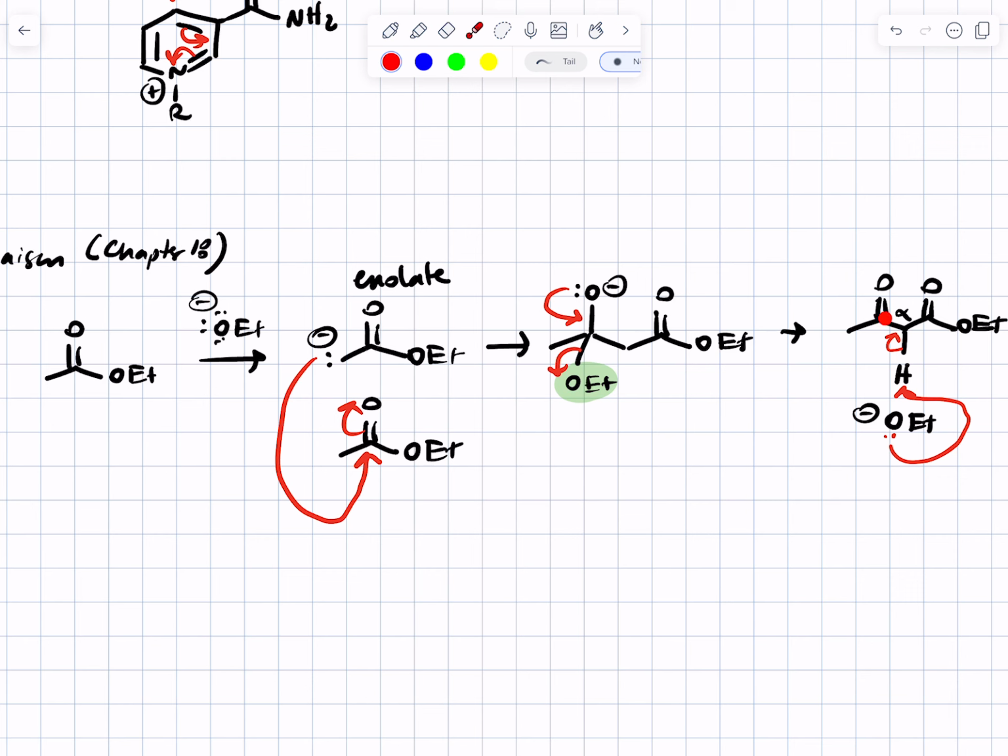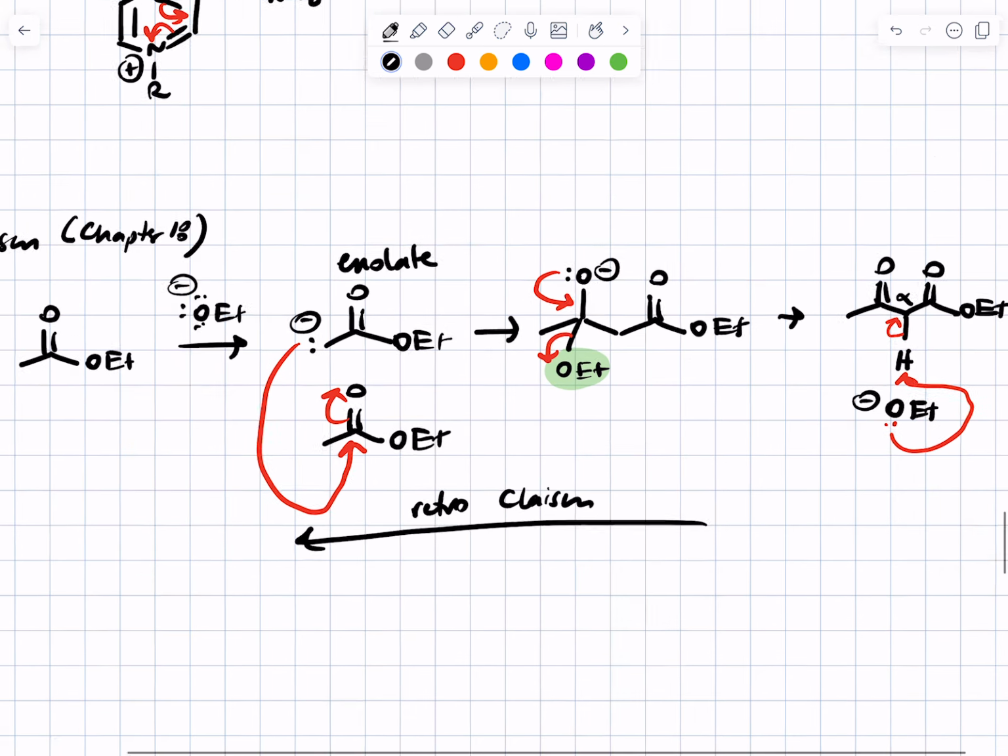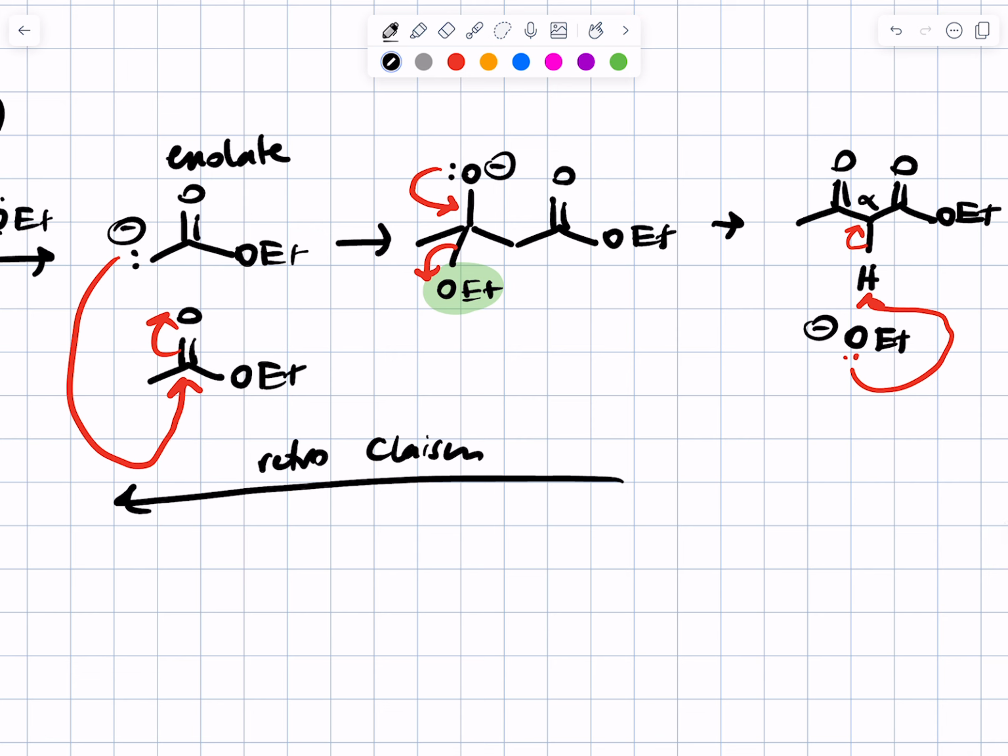That's reasonable if that proton weren't there. But if ethoxide attacked at the ketone, you would go back to this tetrahedral intermediate, and then what if the electrons kicking down didn't kick off OEt minus, but kicked off the enolate as a leaving group? That's called the retro-Claisen reaction. So going in this direction would be called the retro-Claisen. In the lab, the retro-Claisen doesn't happen very much, or at all, because it's blocked by the acidity of that proton and the basicity of the leaving group.